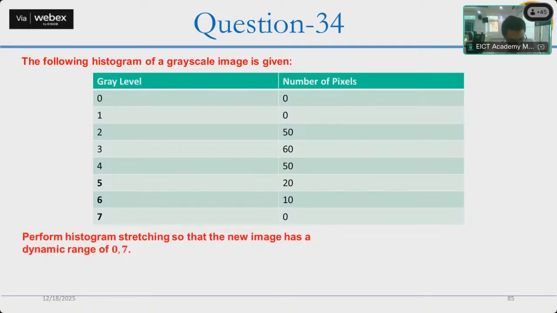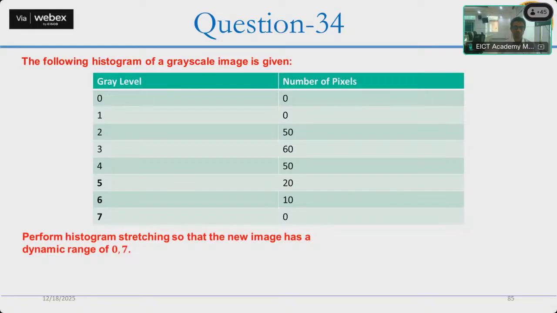Do you recall that we discussed the concept of histogram stretching? When we are able to do the numerical, we are also able to solve the programming problems.